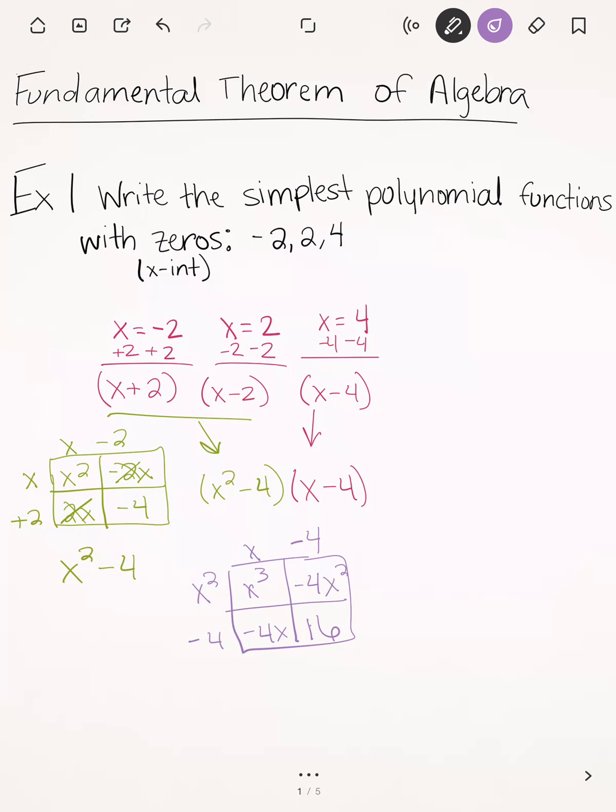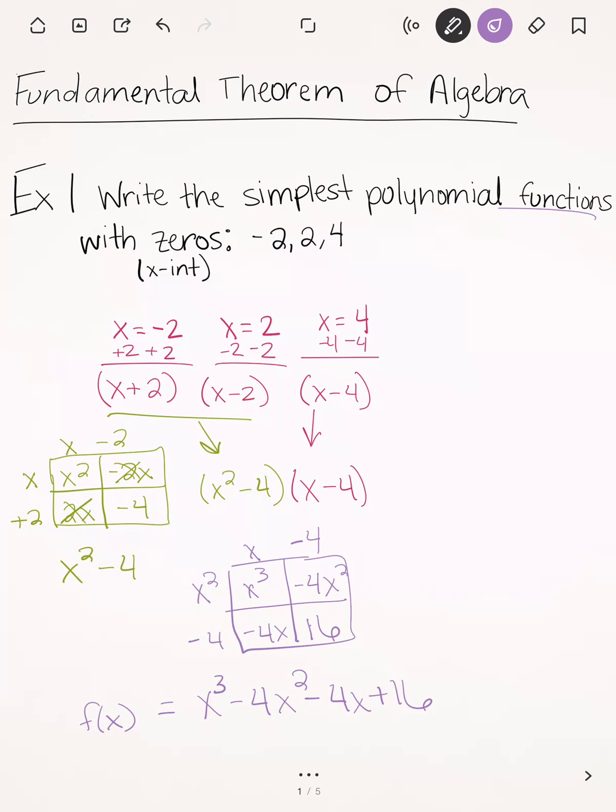From here, I combine my like terms. So sorry, I'm really bad about my signs. Let me fix that. I get x cubed minus 4x squared minus 4x plus 16. And it said write a function. So to make it a function, I'm going to put f of x in front of it.